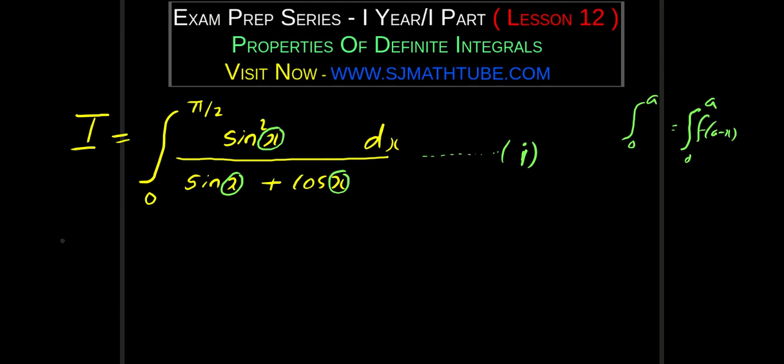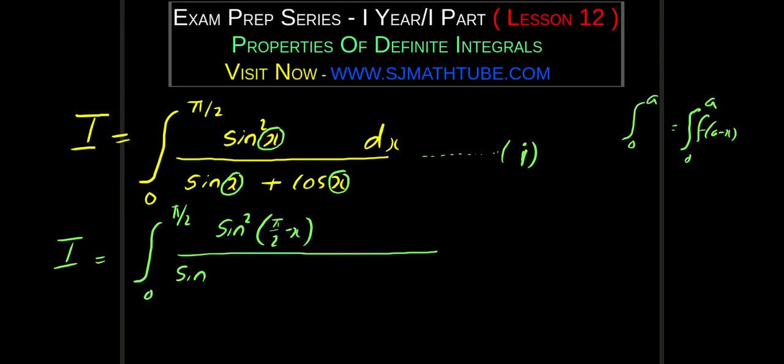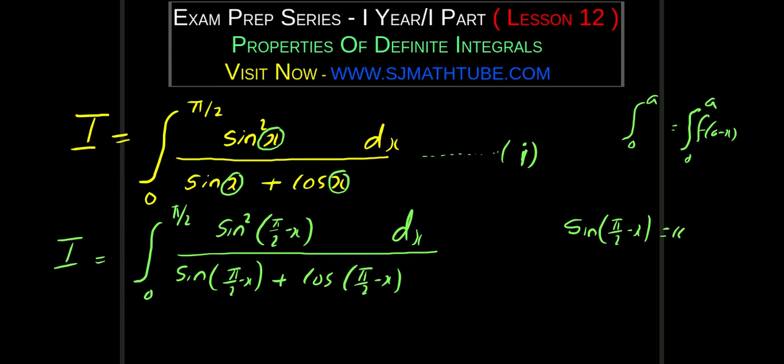So what I do in the next line is I write this as integral 0 to pi by 2 sine square pi by 2 minus x, the whole divided by sine pi by 2 minus x plus cos pi by 2 minus x times dx. And you know what is sine 90 minus x? Yeah, sine 90 minus x is equal to cos x.